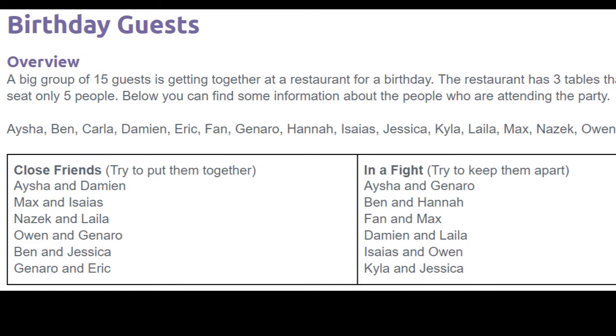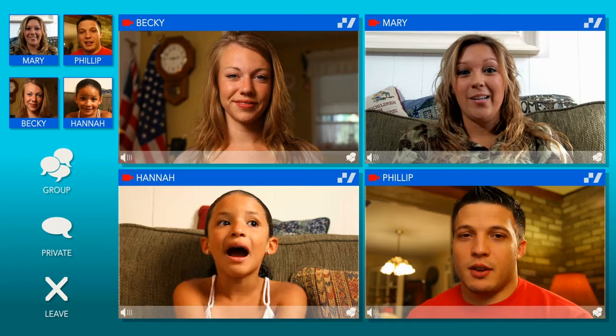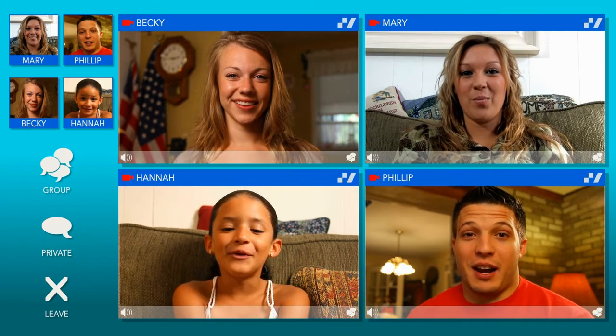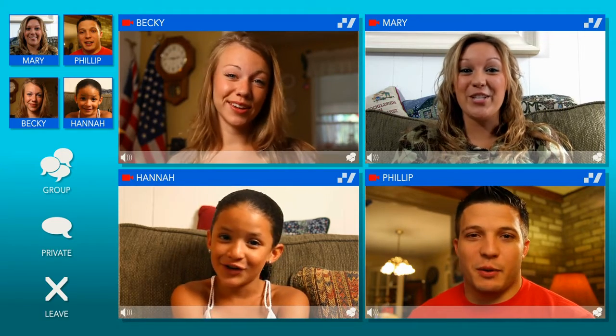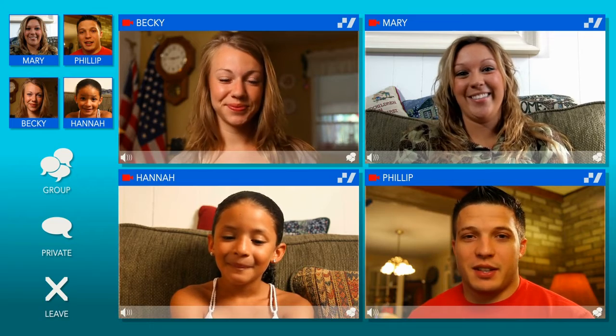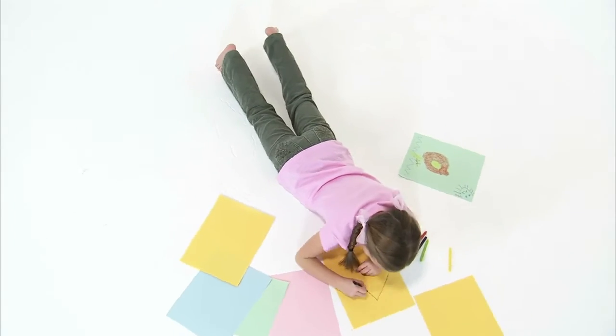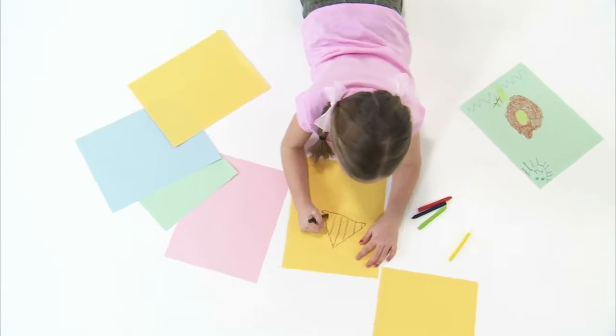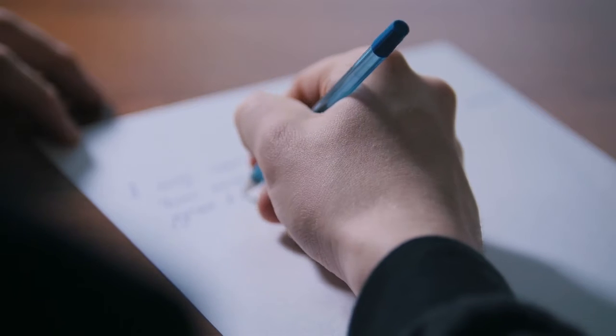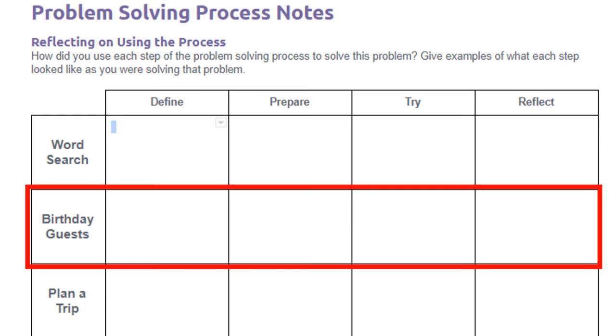Make groups of 2 or 3 you know need to be together, and then figure out which groups can't be at the same table. Discuss with your team what you know needs to be true at the end and whether different approaches might help. If you need to, draw pictures or use scratch paper as a place to brainstorm ideas. Once you're done, head to the last page of the activity guide and fill in the row there for the birthday guest in the table.